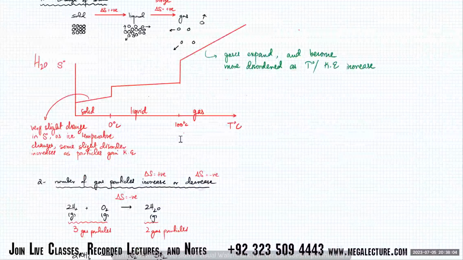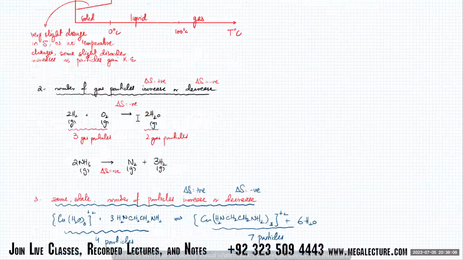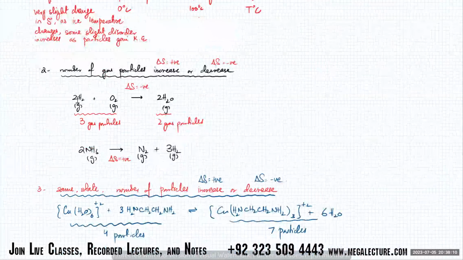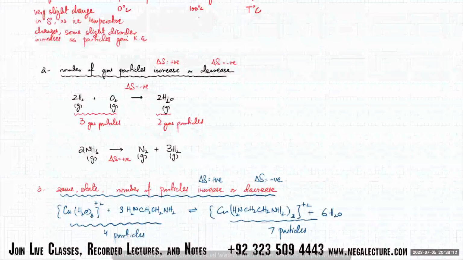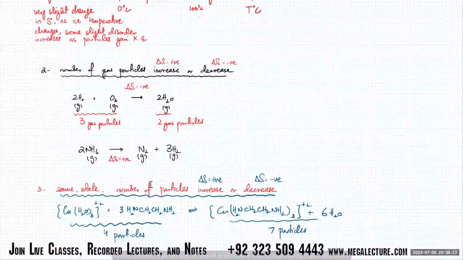Then I talked about how you predict the sign of delta S. If you have a chemical reaction and the number of gas particles decreases, then that's negative entropy, a decrease in disorder. If the number of gas particles increases, that's an increase in disorder.